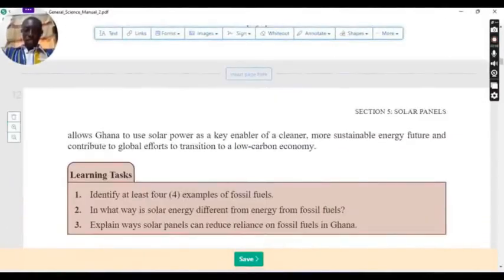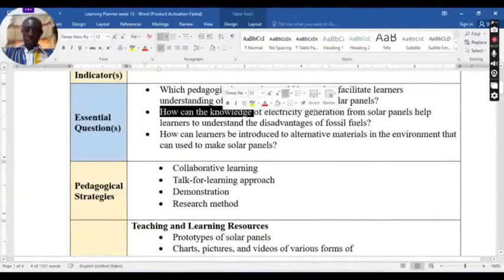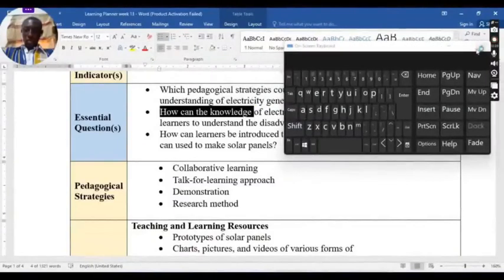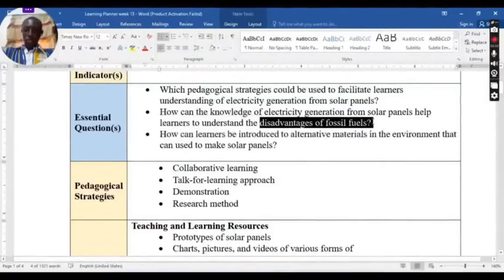That was why I wrote this in the essential question. Look at this, number 2: How can the knowledge of electricity generation from solar panels help learners to understand the disadvantages of fossil fuels? I hope you get it.